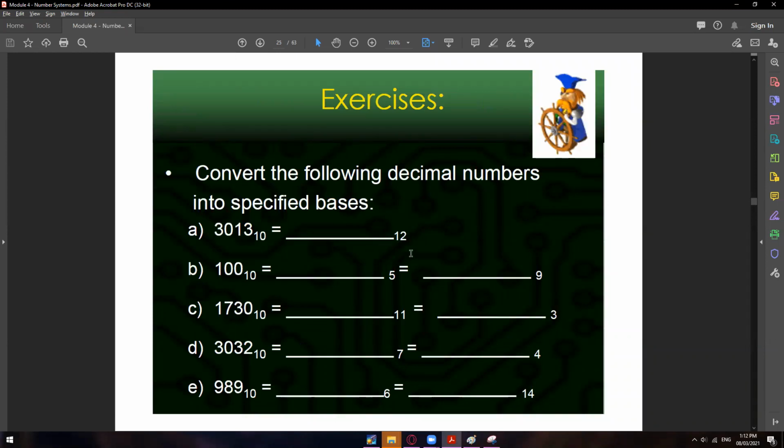Instead, please do this one as part of your practice quiz for you to improve your solving when it comes to converting number systems, so binary, decimal, decimal to binary, etc. Just send me a picture if you want me to check your solution and answers, so that I can guide you if you are really doing the correct process or not.